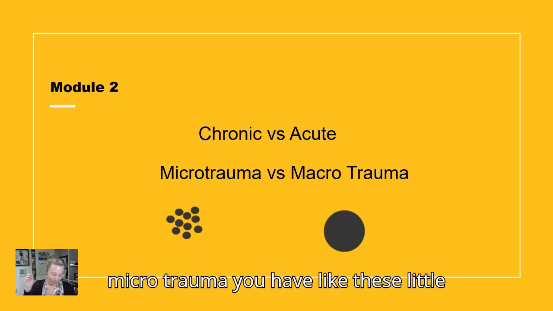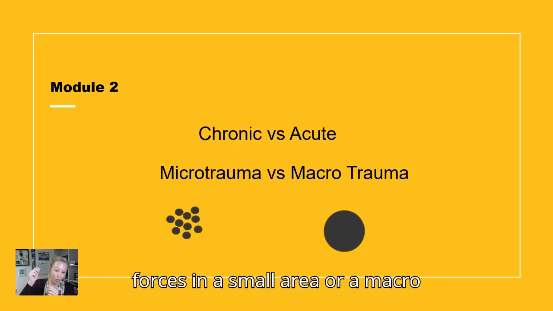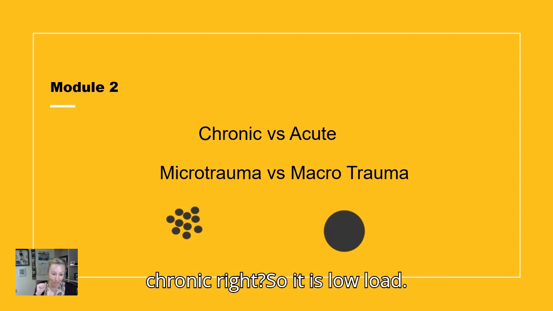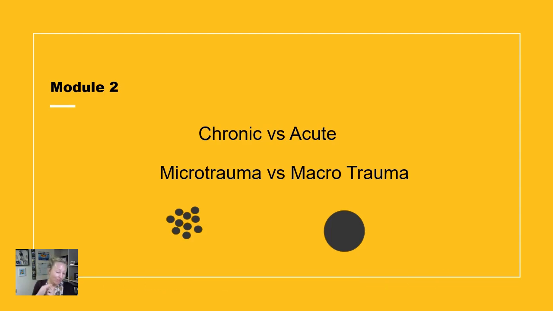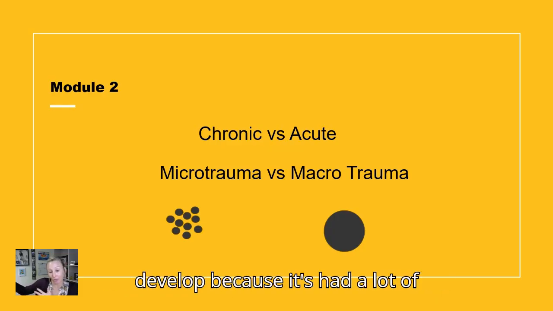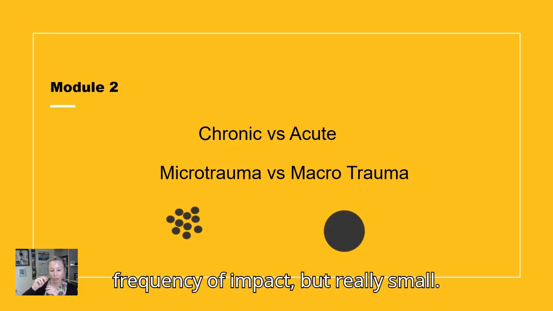So you have these little forces in a small area. Microtrauma is usually with chronic, right? So it is low load, high frequency. A chronic injury is something that's taken a long time to develop because it's had a lot of frequency of impact, but really small.